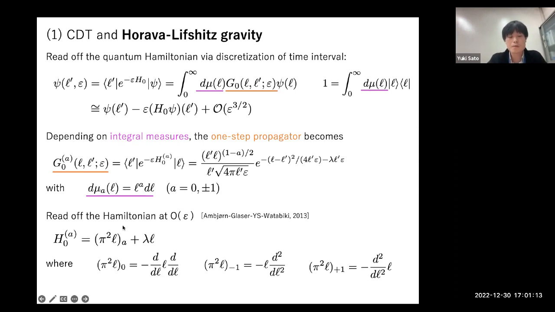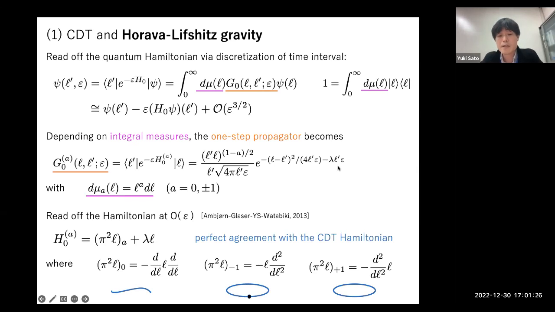This Hamiltonian has three orderings depending on the parameter A, the choice of the integral measure. And these are exactly the CDT Hamiltonians. So I just explained the last one, when the topology of the one-dimensional space is closed.